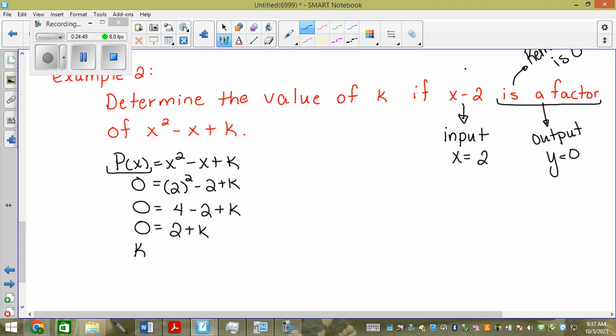So k would equal -2. Can we always check this? Put a negative 2 back in for k, so we can get x squared minus x minus 2, right? And we could plug in the 2 and see if you get to 0. You can always double check.